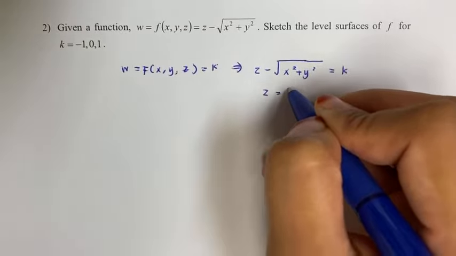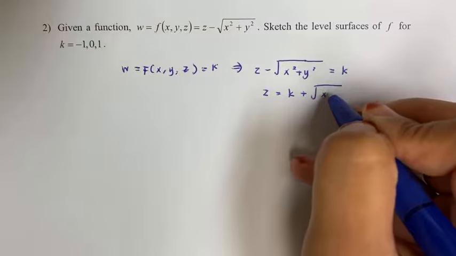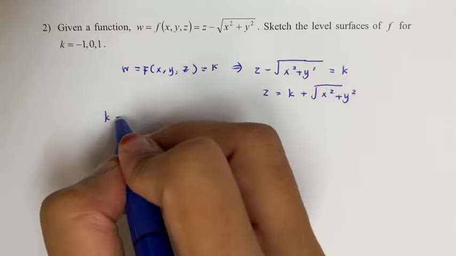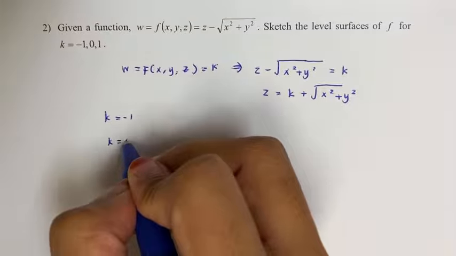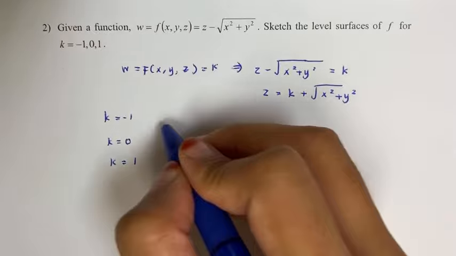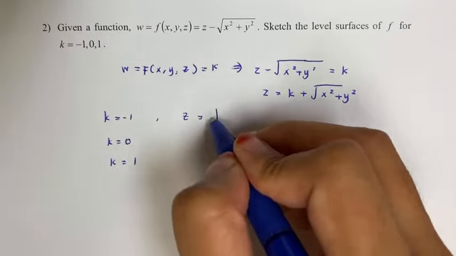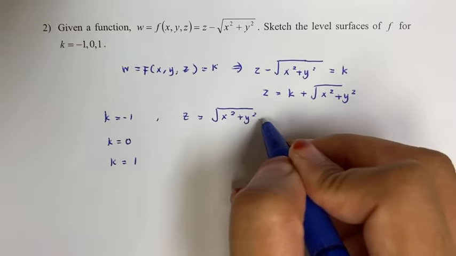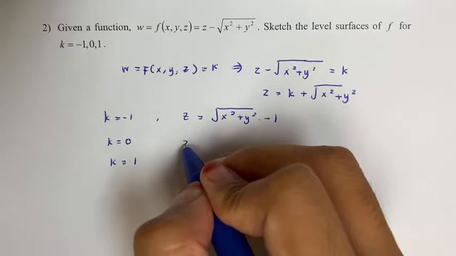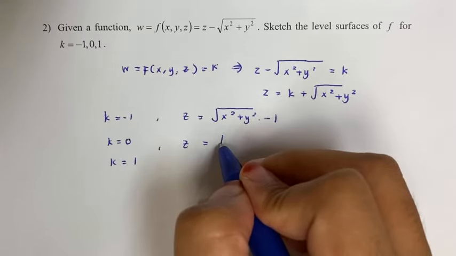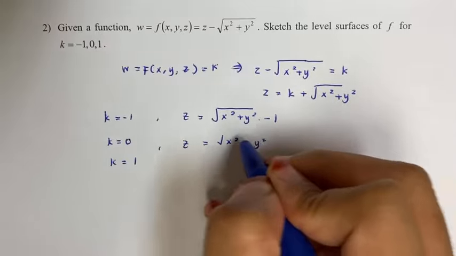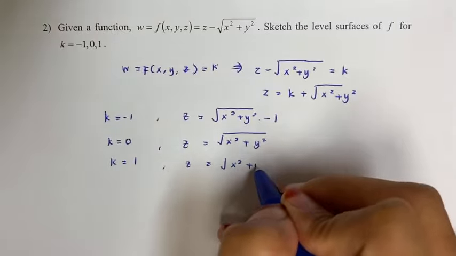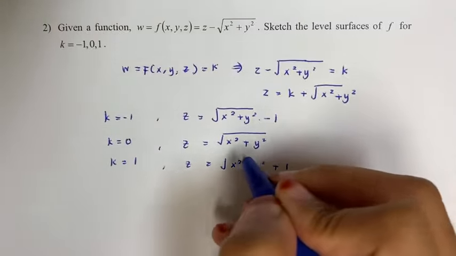So z becomes k plus the square root of x square plus y square. Then substitute the k values: k equal to minus 1, k equal to 0, and k equal to 1. So this is z equal to the square root of x square plus y square minus 1, z equal to the square root of x square plus y square, and last but not least, z equal to the square root of x square plus y square plus 1.